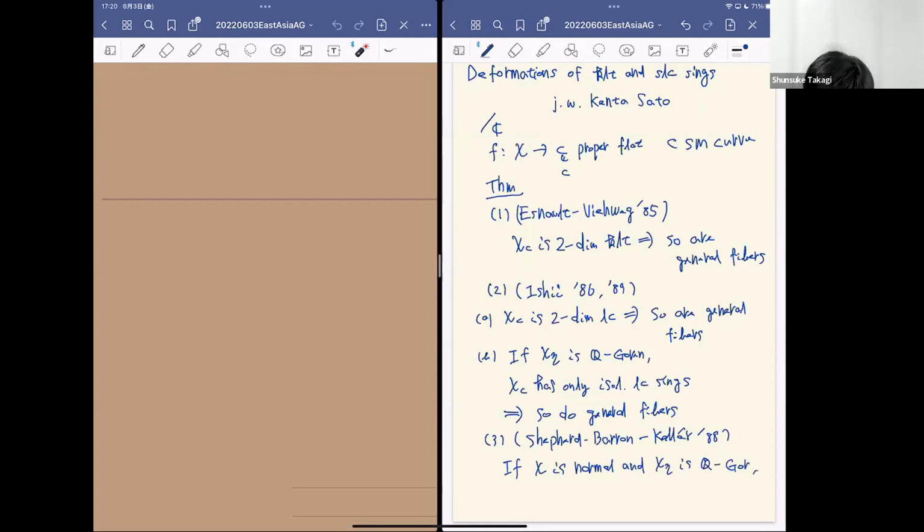Under this assumption, if the special fiber is two-dimensional semi-log canonical, then so are the general fibers. I won't explain the precise definition of semi-log canonical singularity, but roughly speaking, semi-log canonical means the normalization is log canonical.